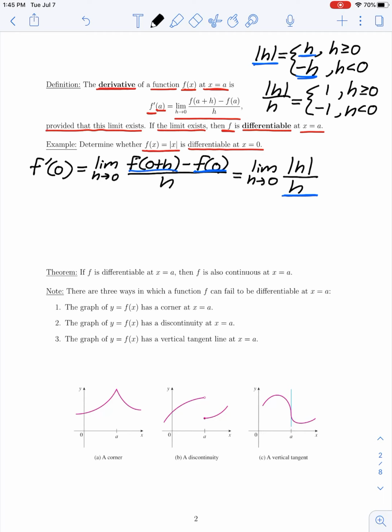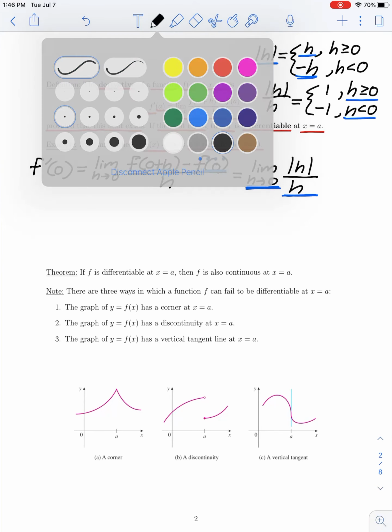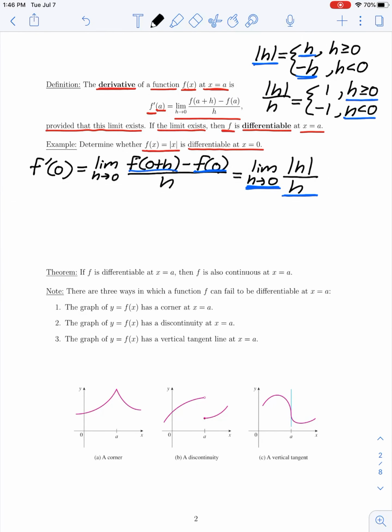So we're interested in the limiting value of this function as h approaches 0. Now, because of the definition of our function, we see it changes its definition at h equals 0. So when we're talking about a limit, we have to consider a left or a right-hand limit here, since our function is defined differently depending on whether h is positive or negative.